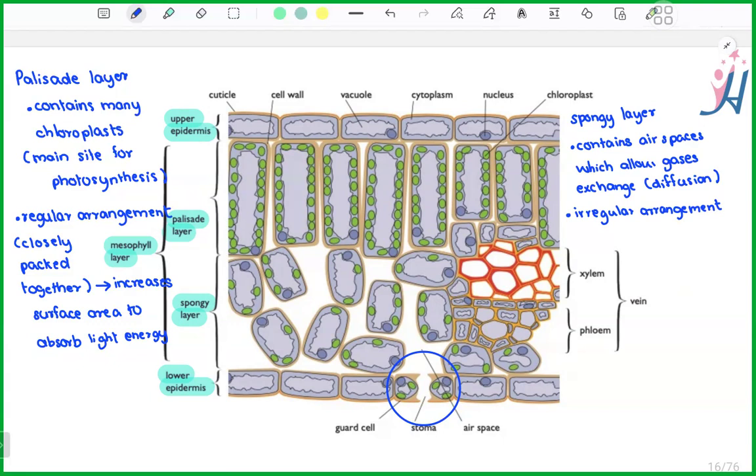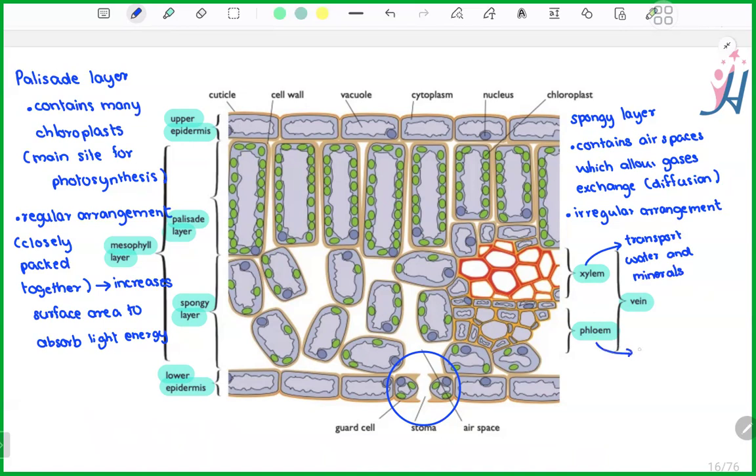Besides air spaces, the spongy layer also contains veins. We can see here a vascular bundle, with xylem and phloem. Xylem transports water and minerals.